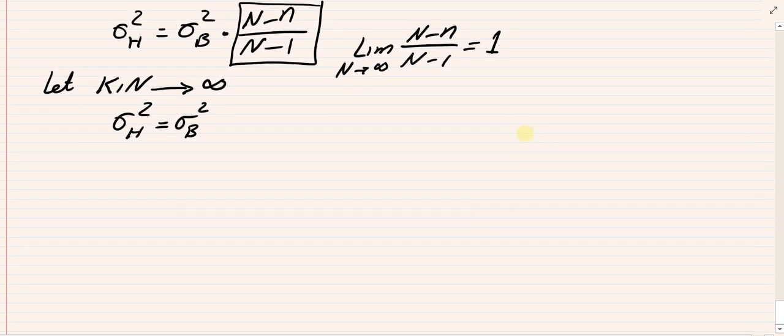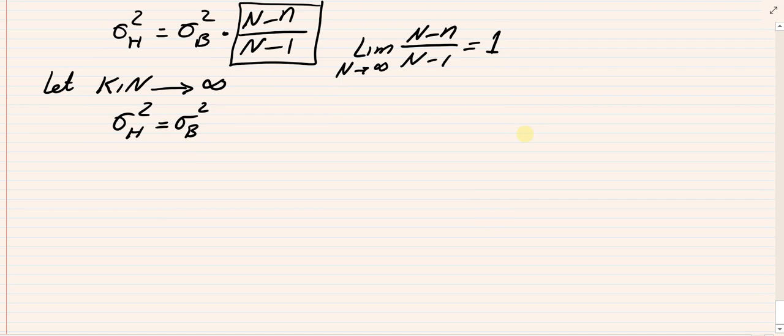Okay, and in fact we can conclude that the hypergeometric probability distribution approaches the binomial distribution, and hence this is the reason we use normal approximation for sampling without replacement for large populations, right?